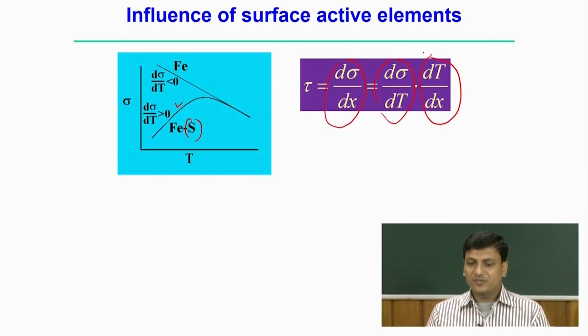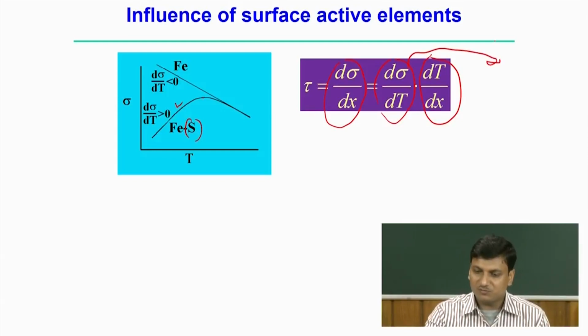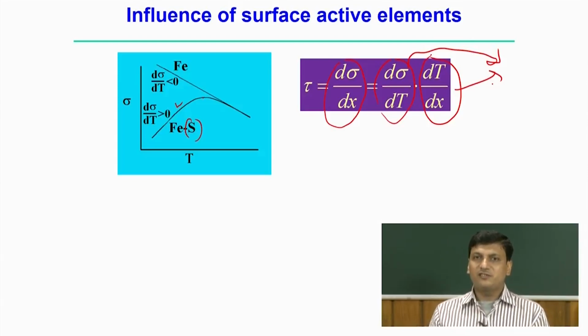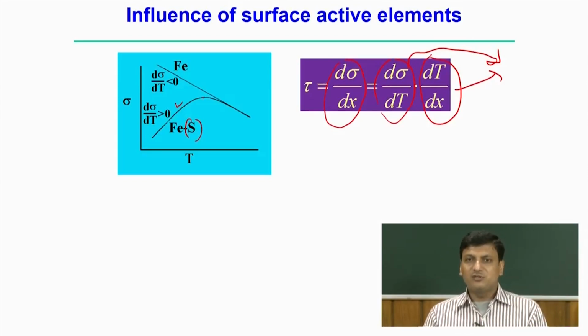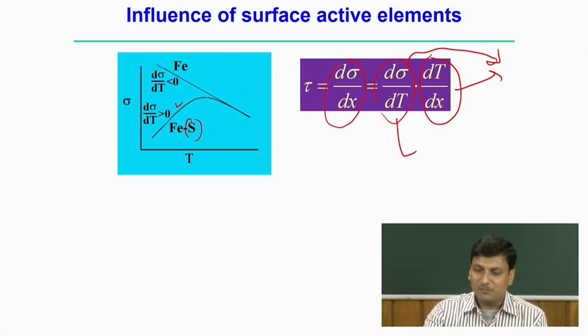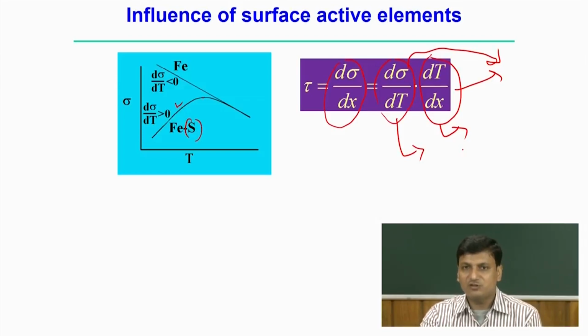The first one is called the temperature coefficient of the surface tension, and this is the temperature gradient. By multiplying these two we can represent the shear stress value on the surface. So, the presence of surface active elements modifies the shear stress value considering these two terms, either modifying the temperature gradient or modifying the coefficient of the surface tension.